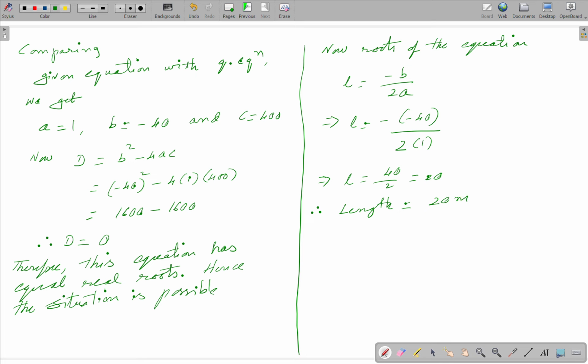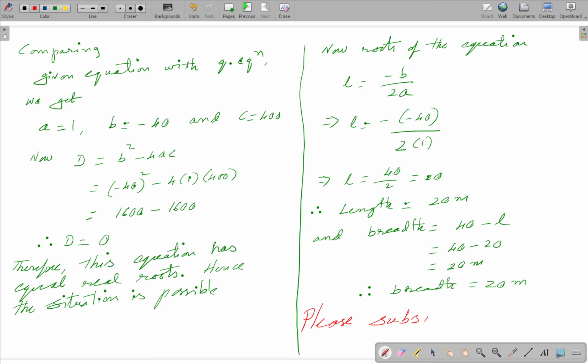Therefore, length is equal to 20 meters and breadth is equal to 40 minus L, that is 40 minus 20, which is 20 meter. Therefore, breadth is equal to 20 meter.